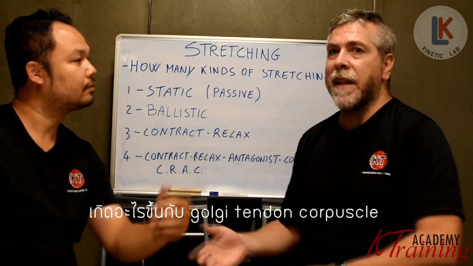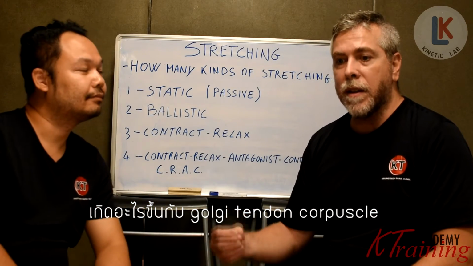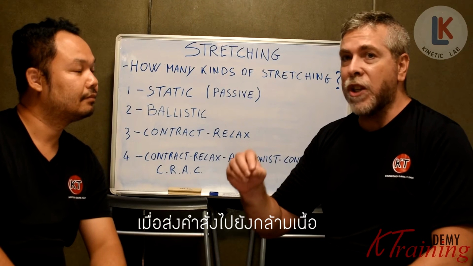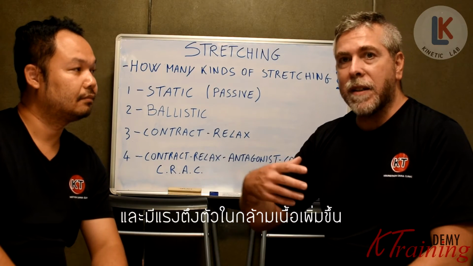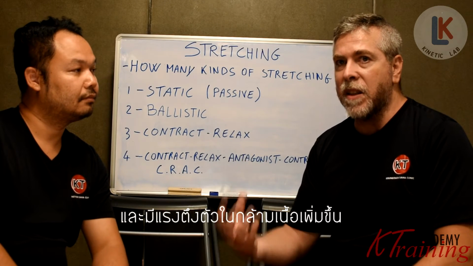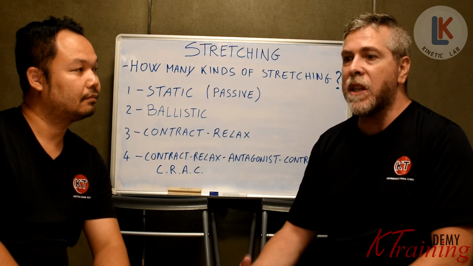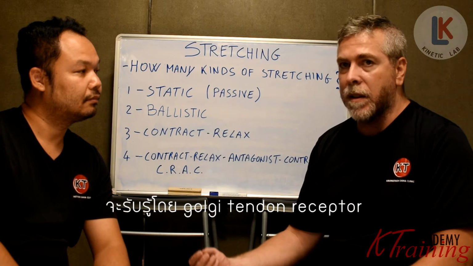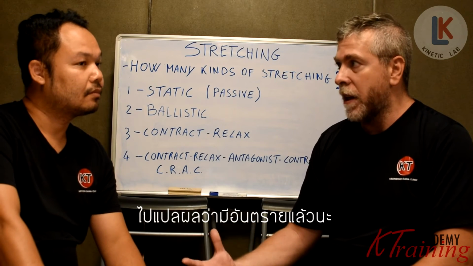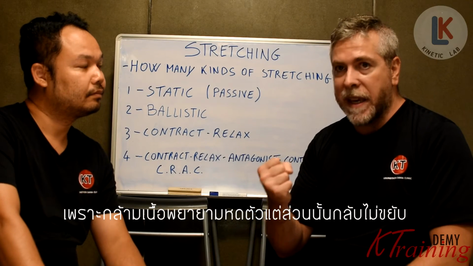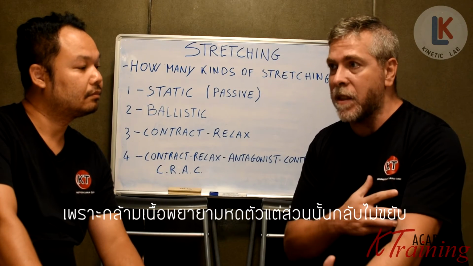What happened is that the Golgi tendon organ registered the tension in the muscle, and this increase in tension is perceived by the Golgi tendon receptor as some kind of danger, because the muscle keeps contracting but the segment is not moving.